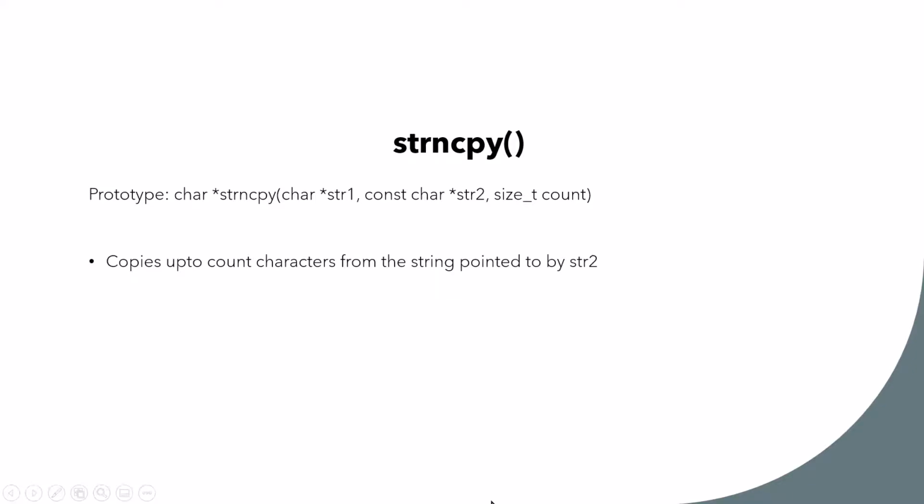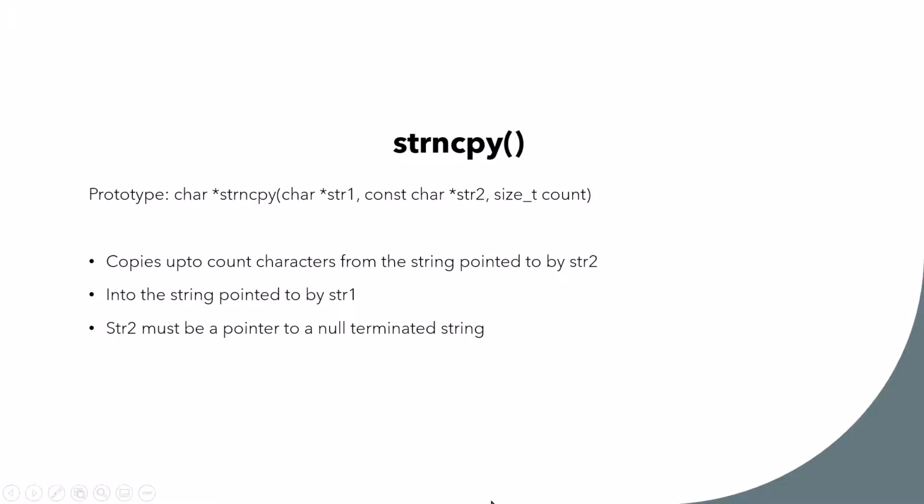strncpy is very similar to strcpy. You can see from the prototype this function returns a character pointer and takes as arguments a pointer to str1, which will be the destination, a pointer to str2, which will be the source, and then we have size_t count. Copies up to count characters from the string pointed to by str2 into the string pointed to by str1. str2 must be a pointer to a null terminated string, just as we saw when we worked with strcpy.